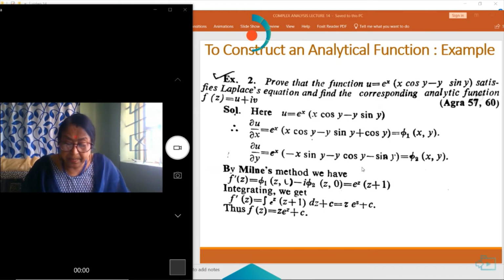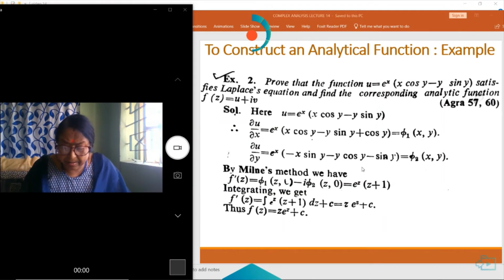In a similar way as we have done earlier in example 1, we find ∂u/∂x and ∂u/∂y. After calculating them, ∂u/∂x can be written as phi 1(x, y) and ∂u/∂y as phi 2(x, y).